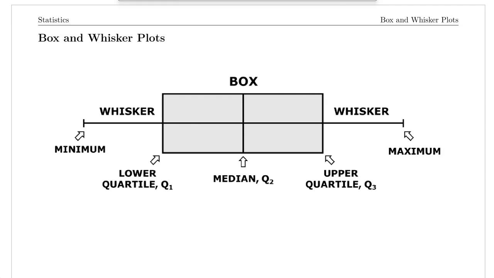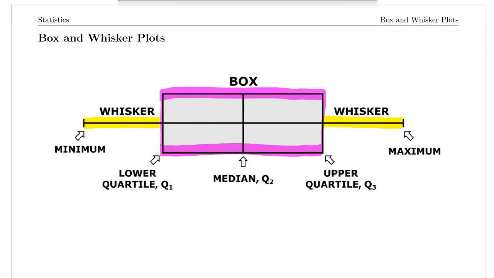So here in this image we have a very general box and whisker plot. This thing here is called our box, and then these are called whiskers, and they connect our minimum and maximum values to our box.